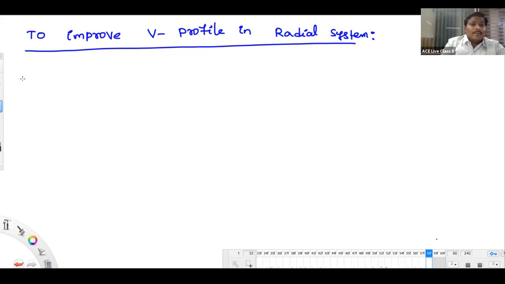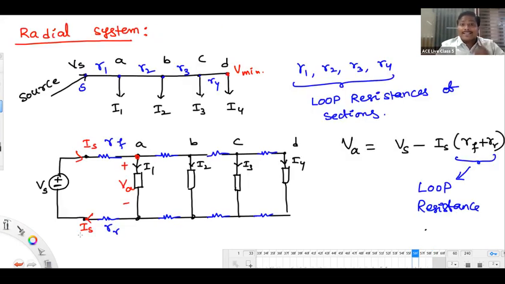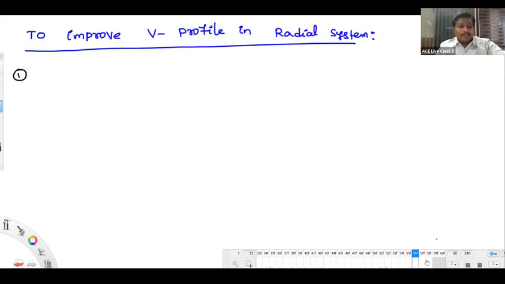Anybody? First method, what do you suggest? Simply concentrate on raising the far end voltage. One method is to keep one more source at the far end. Definitely, it will improve the voltage profile of the system. So I'm copying the diagram.